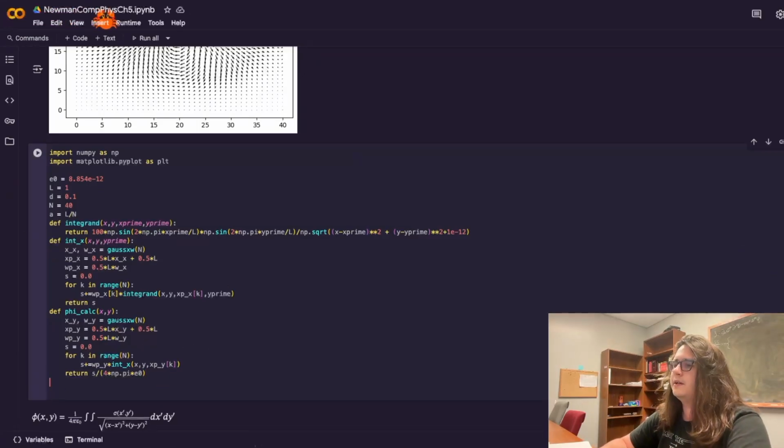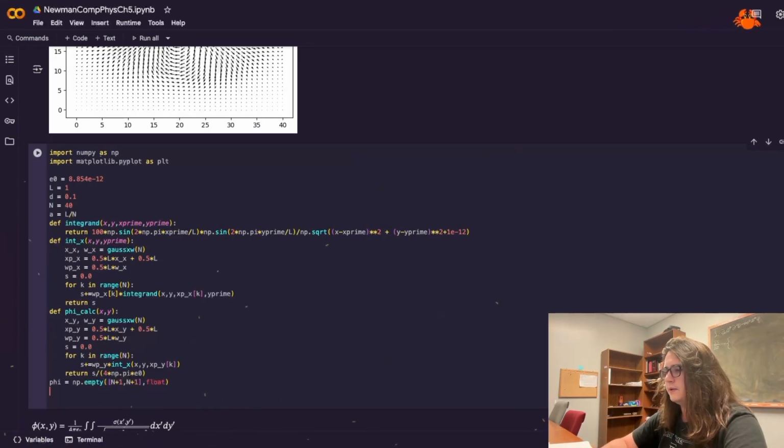Okay, now let's create the output array, which again is going to be an empty numpy array of shape n plus 1, comma, n plus 1 with the float data type.